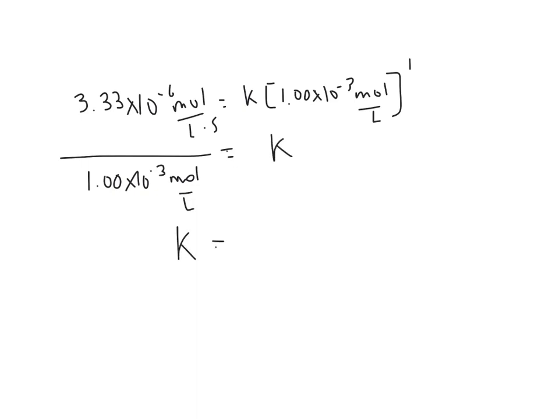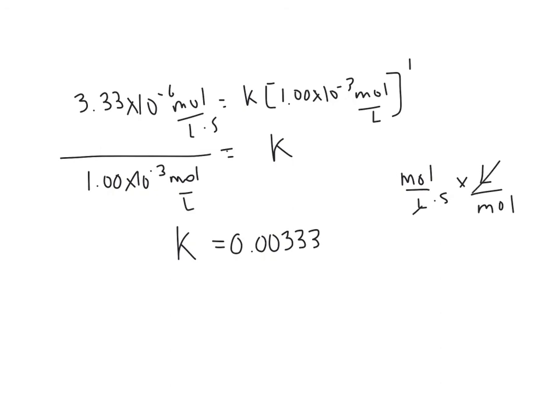So K is going to be equal to 0.00333. And for the units, we had mole per liter per second divided by moles per liter, so multiplied by the inverse.